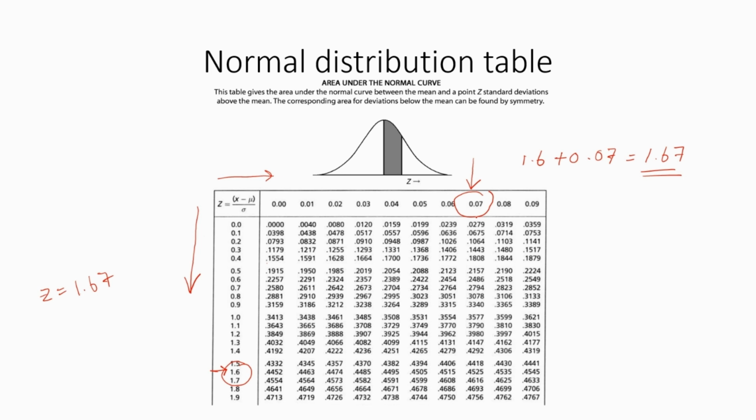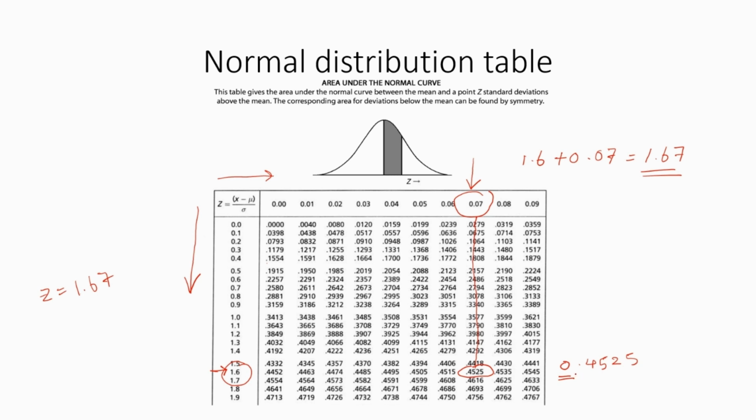Now let's find out the probability for 1.67 z-score, which is this: 0.4525. There is no 0 before the decimal point, but you have to take it as 0.4525.